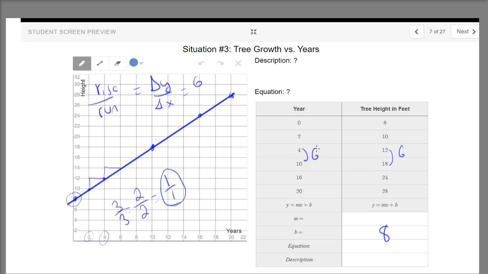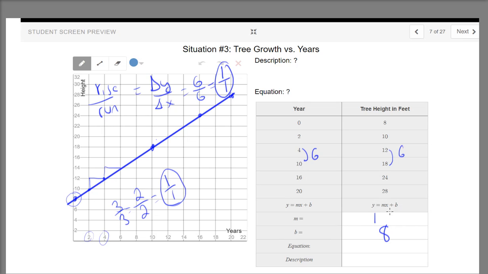That also changed by 6. So the slope is 6 over 6, so it changed by 6 feet in 6 years, but we just don't say it grew 6 feet in 6 years. We say it grew 1 foot in 1 year. So we always simplify. So the slope is 1 per year. Okay, so 1 over 1 is just 1.